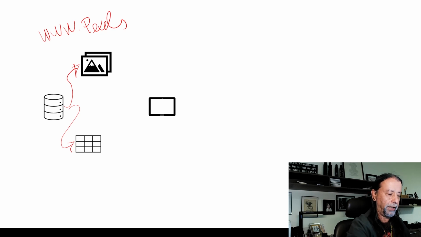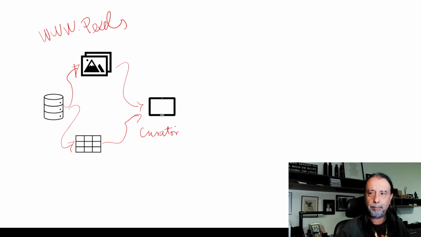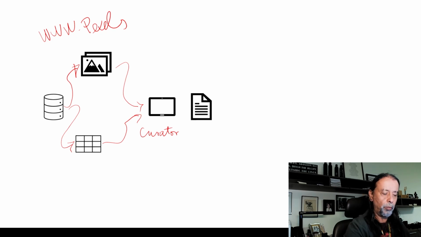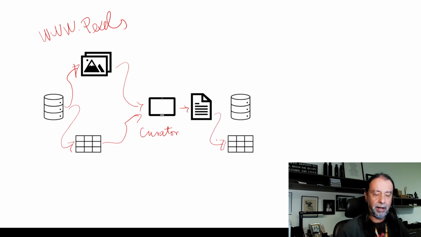We have delivered all that information to a curator experience on a Power App screen. What we want to do today then is create a form inside of the curator's experience, and through that form, add additional information such as our own descriptions and categories to a separate database.